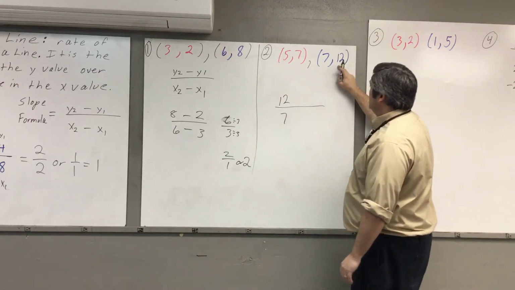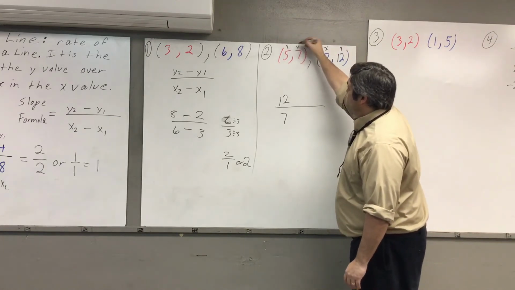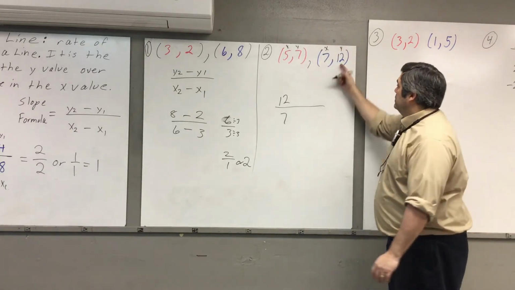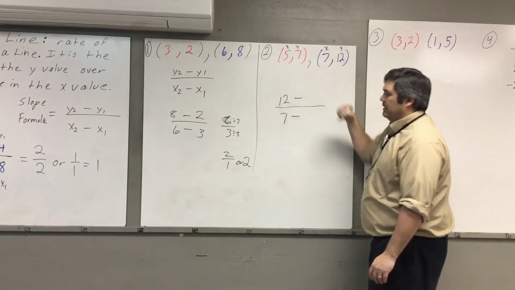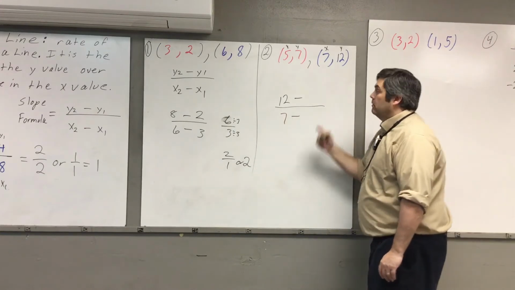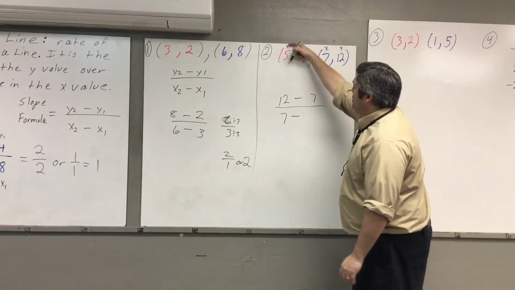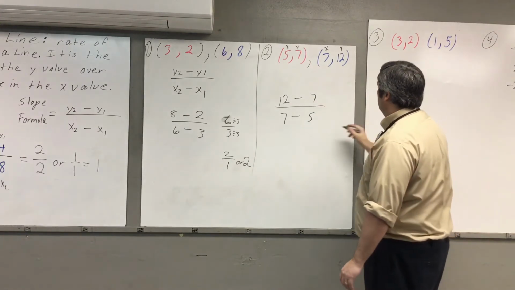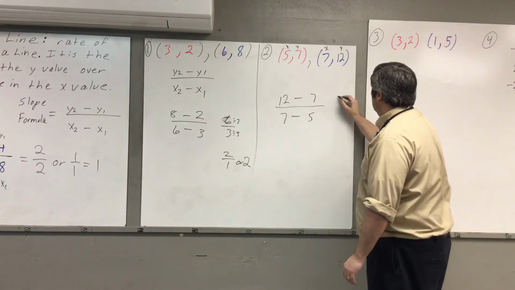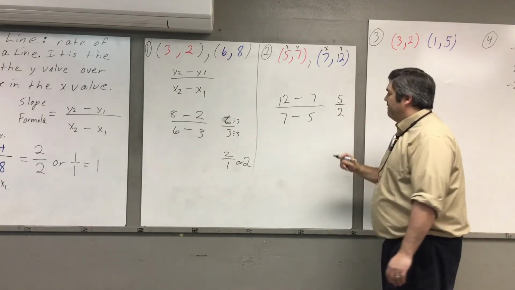Okay? Remember, this is your y, this is your x, this is your y, this is your x, this is your y. Okay? So, 12, 7, minus, because that's the formula. So now that that's there, this y has to go here, this x has to go here. So 12 minus 7 should give me 5. 7 minus 5 should give me 2. 5 over 2.